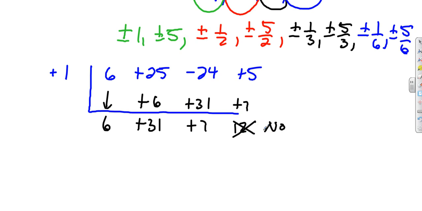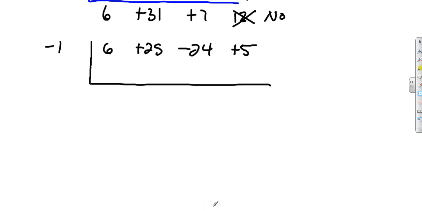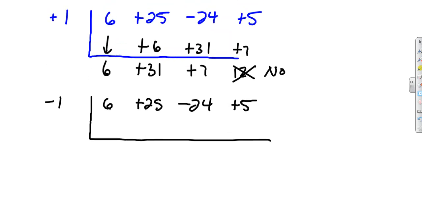Let's try negative 1. And 1 times 6 is negative 6. 25 and negative 6 is 19.